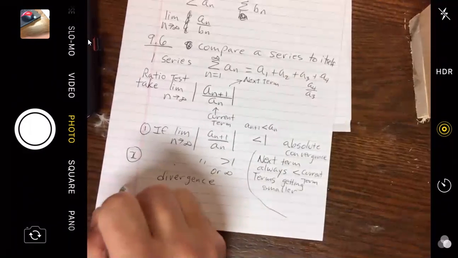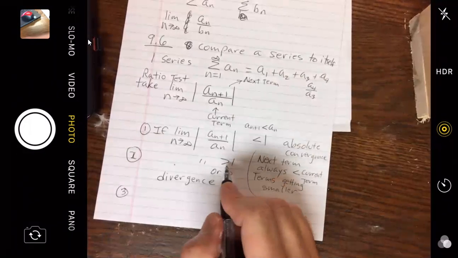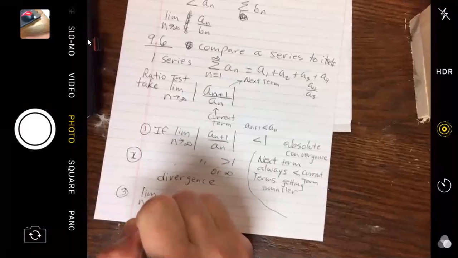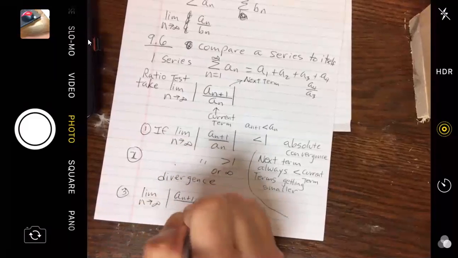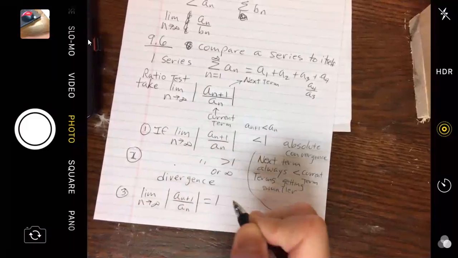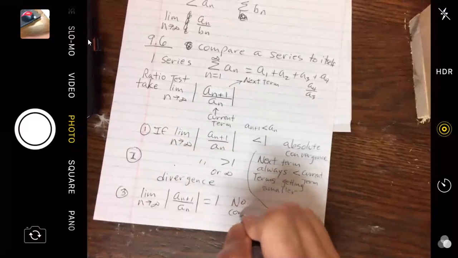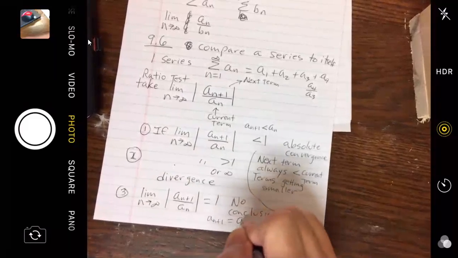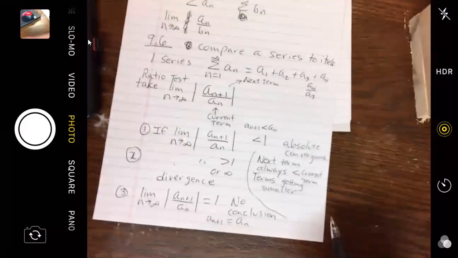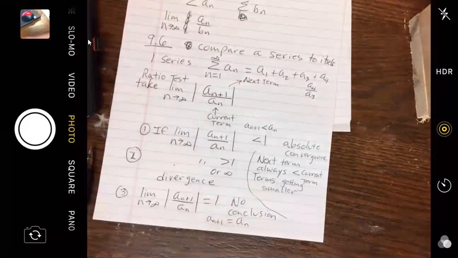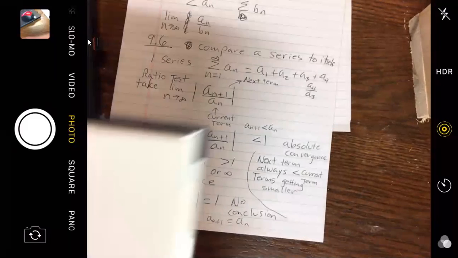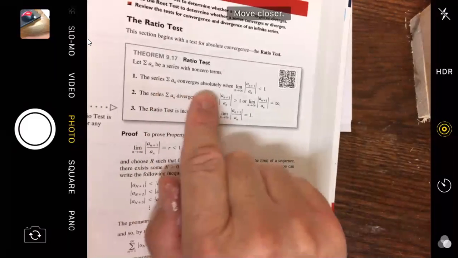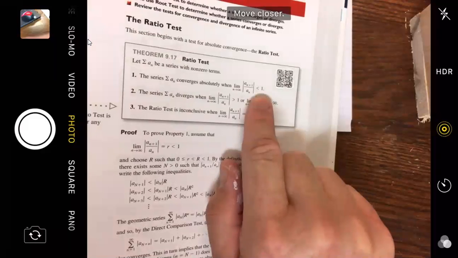I've got a less-than-1 condition and a greater-than-1 condition. What's the obvious third thing? It equals 1. If your limit of a_(n+1) over a_n equals 1, there is no conclusion. In other words, your a_(n+1) equals your a_n. Your terms seem to be equal, so you really can't conclude anything. This is what they're trying to tell you in this gibberish. Your series converges absolutely when your limit is less than 1.